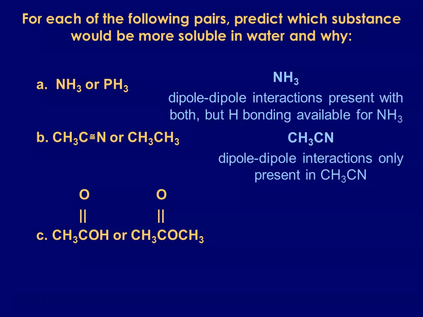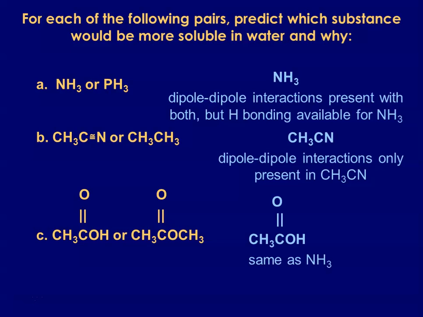But the first molecule that I have listed there, I want to say that's methanoic acid. It has a hydroxyl group, which means it can hydrogen bond. The second molecule can have dipole-dipole forces because it is polar, but those dipole-dipole interactions are not as strong as the hydrogen bonding, which is present in water.